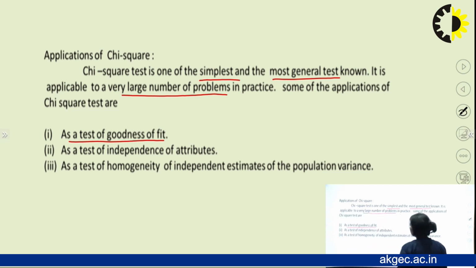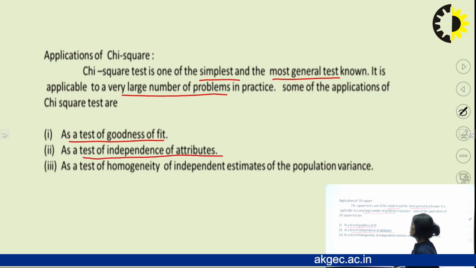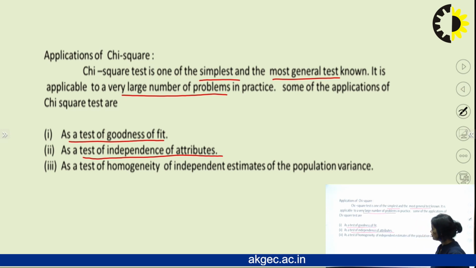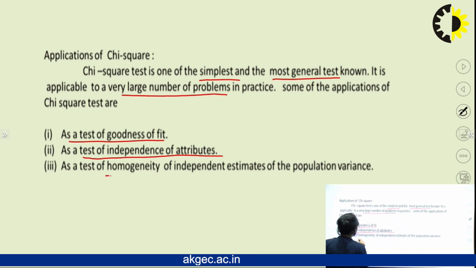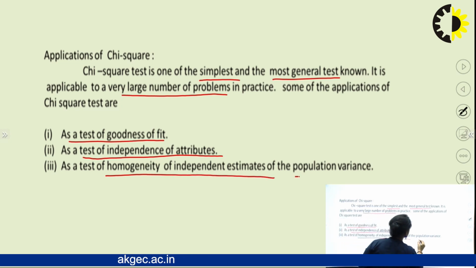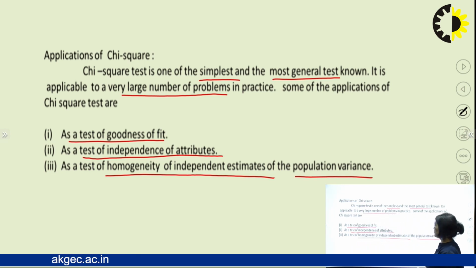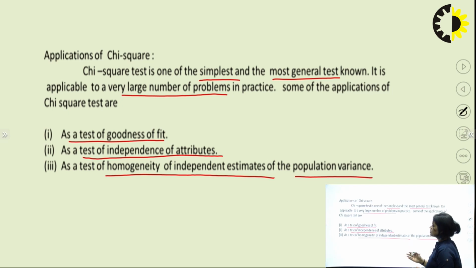It is also used as a test of independence of attributes, whether the attributes of two data sets given to us are independent of each other or not. It is also used as a test of homogeneity of independent estimates of the population variance. This means that there are many population variances available to us, and whether all are homogeneous in nature can be checked with the help of chi-square test.